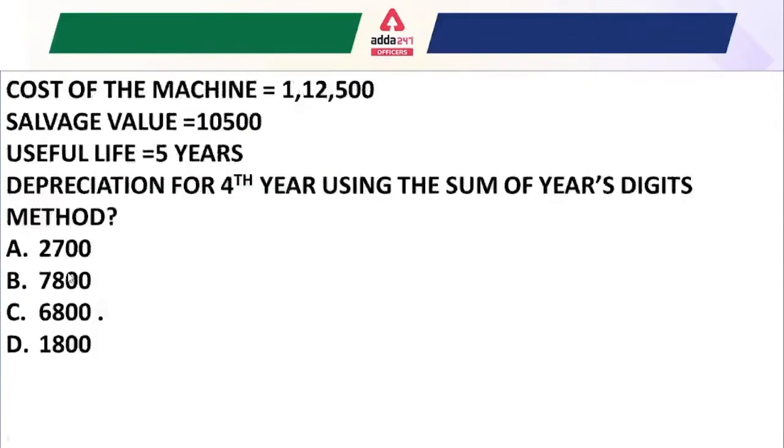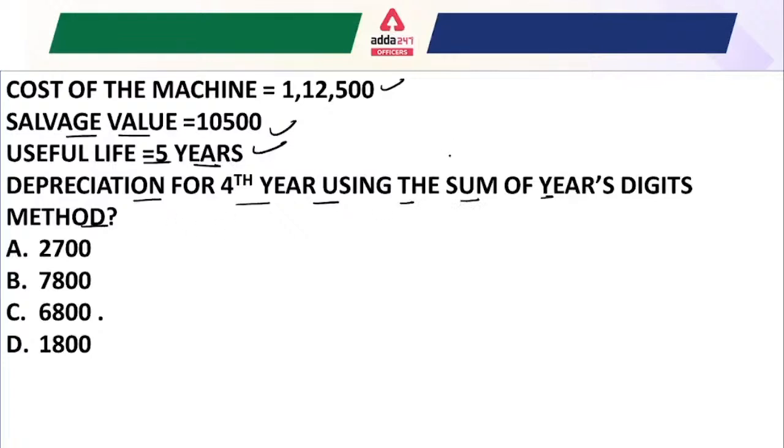So now just attempt the second question, which is related to the sum of years digit method. In this question, the cost of the machine is given, the salvage value, or say residual value, is given, and the useful life is also given, which is 5 years. So you have to find the depreciation for the fourth year using the sum of year digit method.